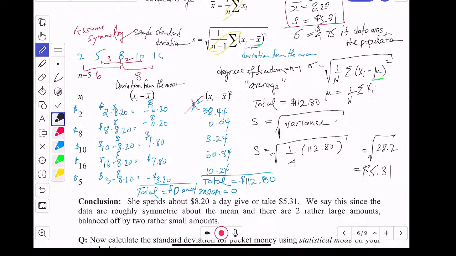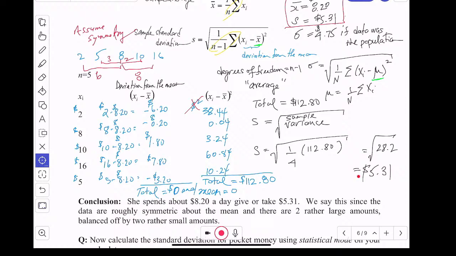So this is the sample standard deviation. This is the sample variance underneath, and it's a measure of deviation. It's a measure of spread. In particular, it's the average of the deviations from the mean.